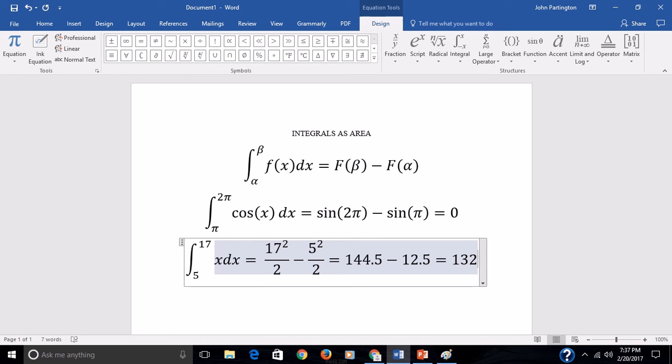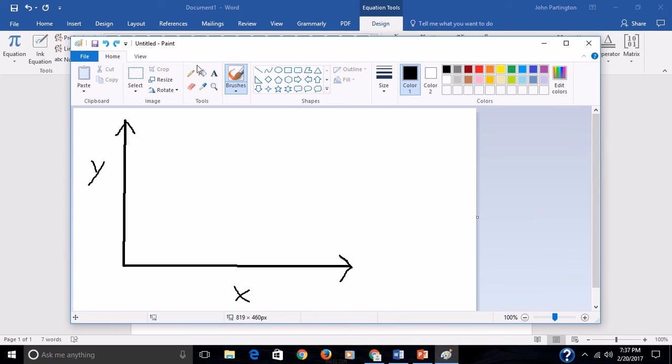132 is our area. Now, why does this make sense? If we take a look at this graphically, we know y equals x is going to be a line. We're going to have this point at 5, and up here at 17.